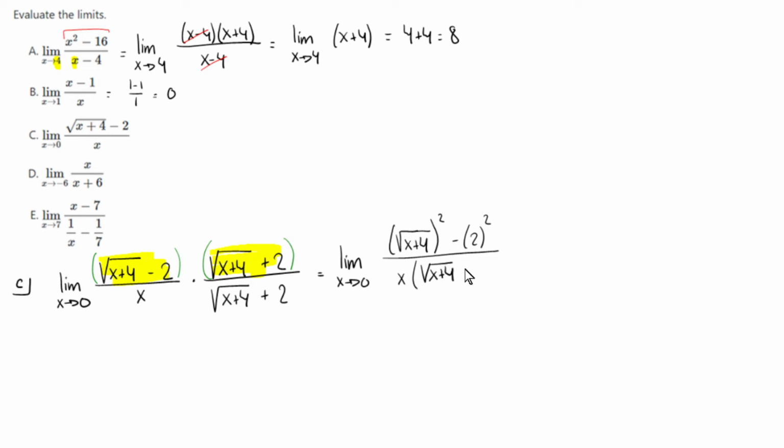It's just a product of a monomial and a binomial, like that. Now we simplify the numerator. The squaring of a square root just eliminates the square root. So in the numerator, we're going to be left with x plus 4 minus 4. In the denominator, we want to keep that in factored form, so it stays like this.